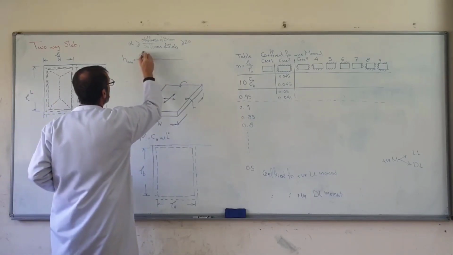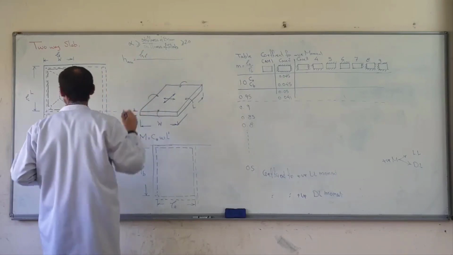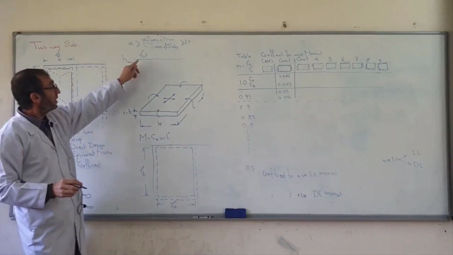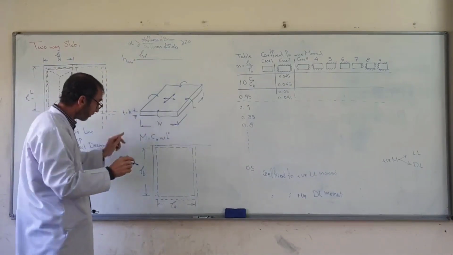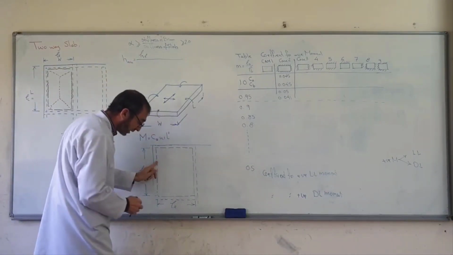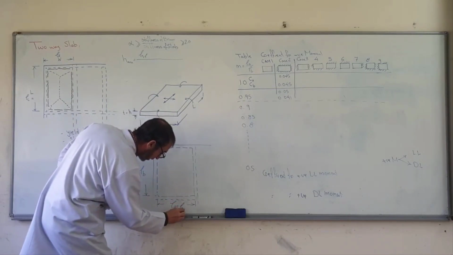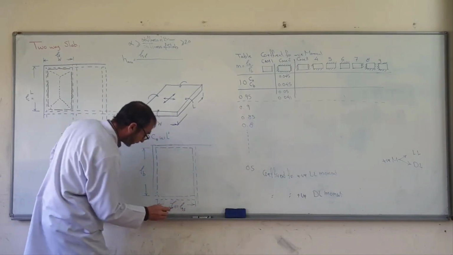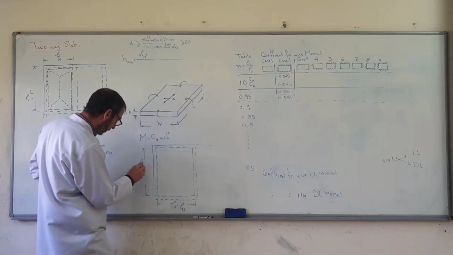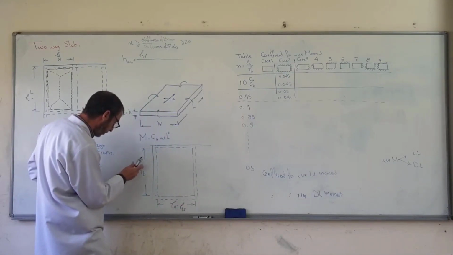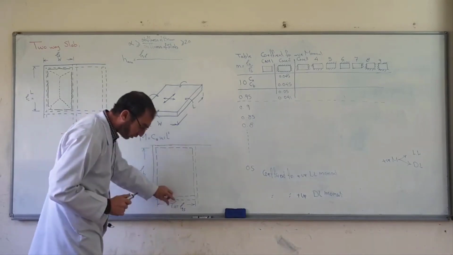Ln long is the clear nominal length in the long direction, from here to here. Ln short is the clear length in the short direction. Here L is equal to Ln long.